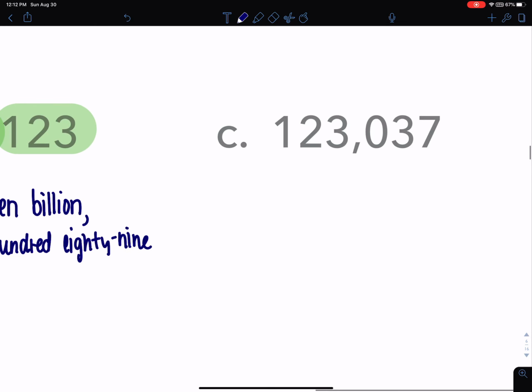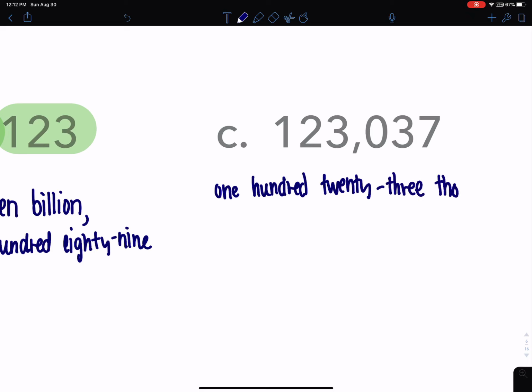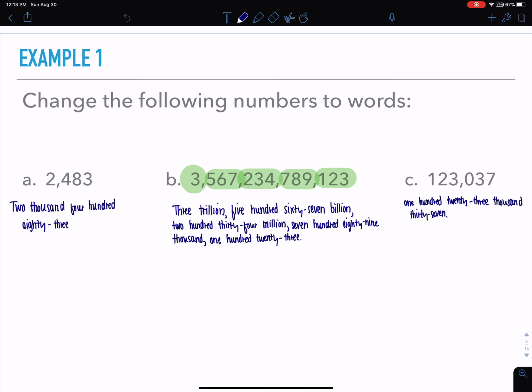And then last but not least, 123,000. $37. So there are some examples changing the following numbers into words.